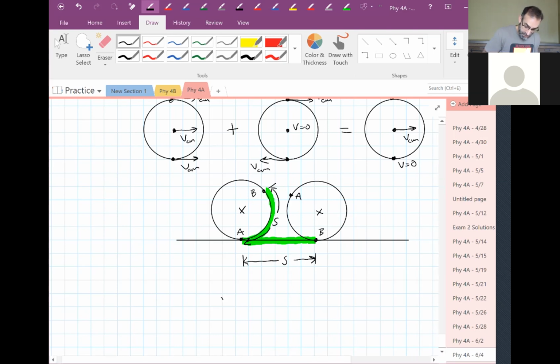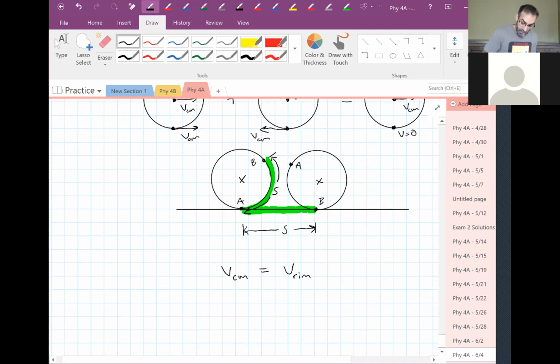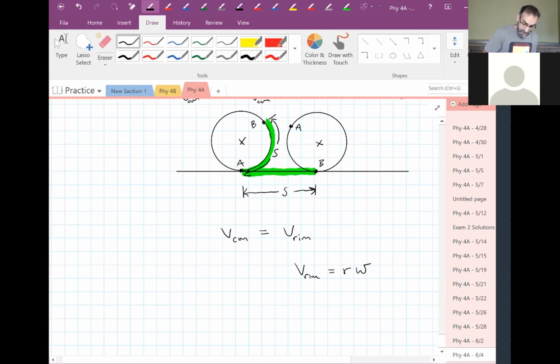The velocity of the center of mass is equal to the velocity on the rim of the wheel. And the velocity on the rim of the wheel is r omega. So the velocity of the center of mass is equal to r omega. That connects the angular velocity and the velocity of the center of mass when we have rolling without slipping.